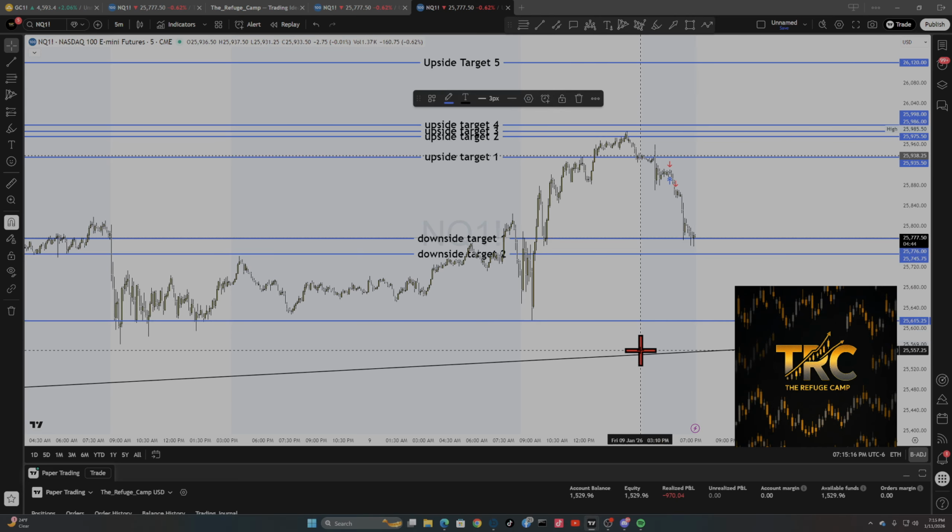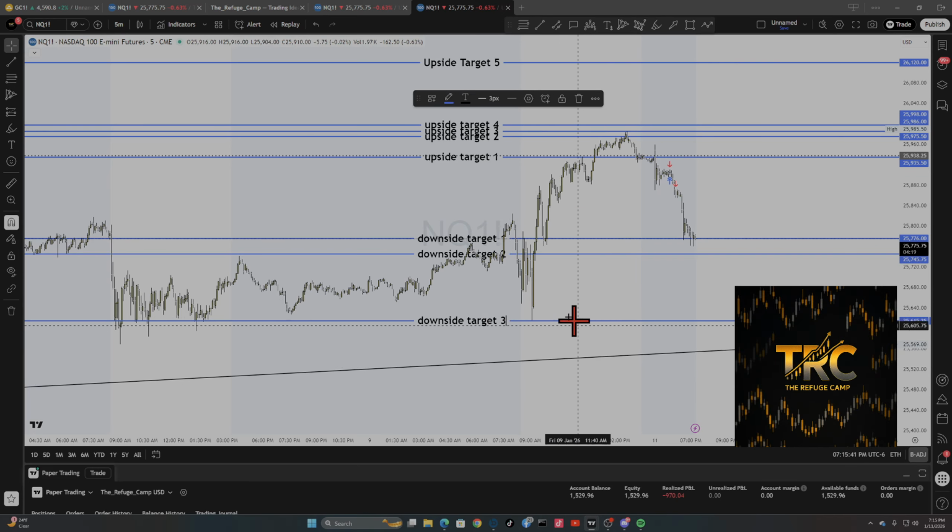So there we're at 615. It catches the wick, catches a bunch of candle closes, right? Price gets below it, instantly recovers. Price gets below it, instantly recovers. It's a valid target. Okay. That's our third downside target.